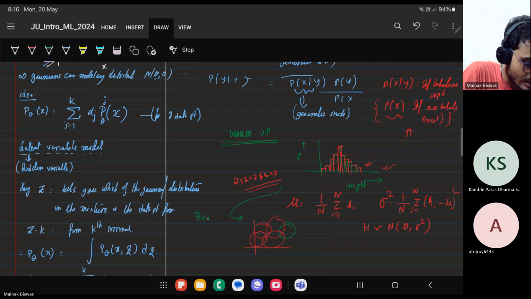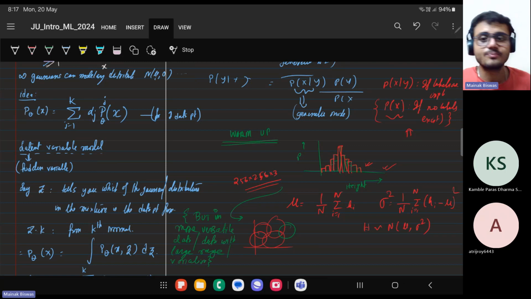But in more versatile data, or data with large range or variation, do you agree there would be clusters like these?